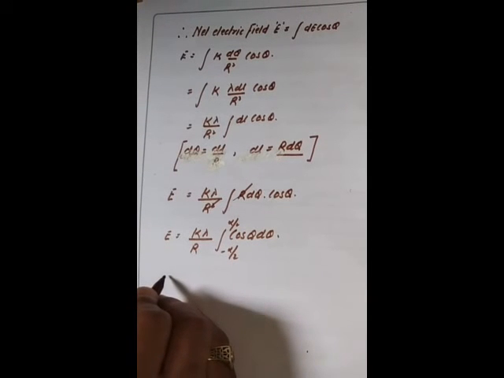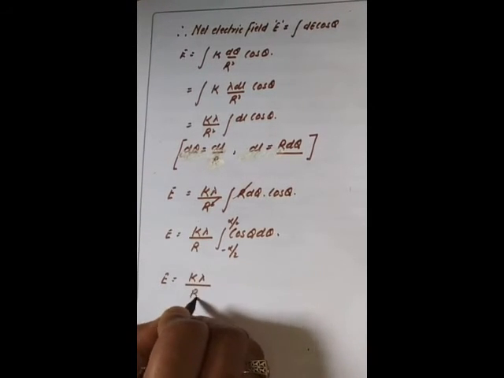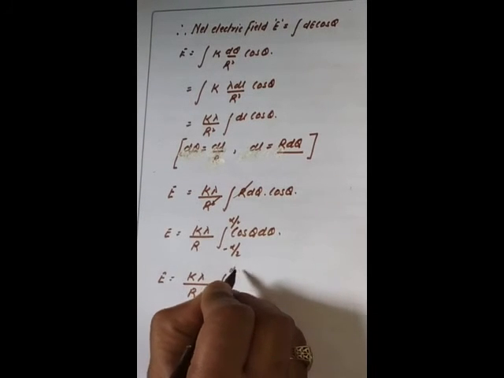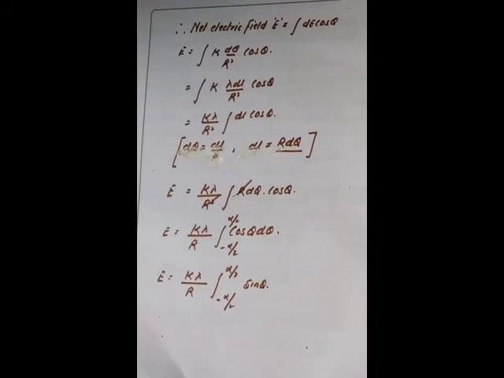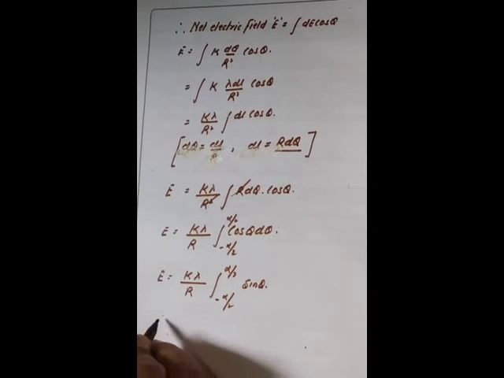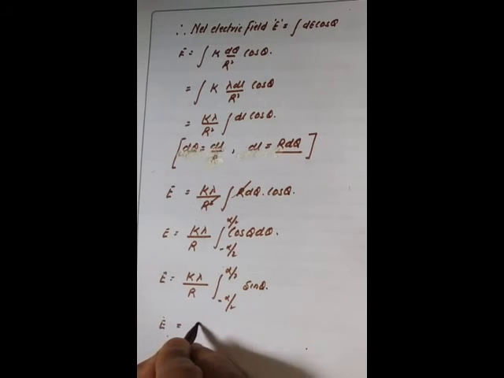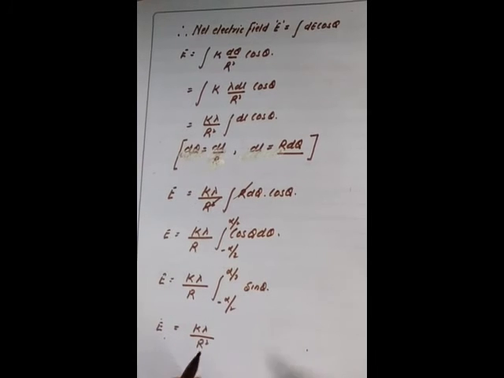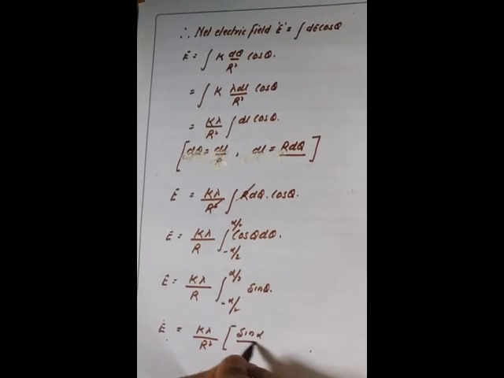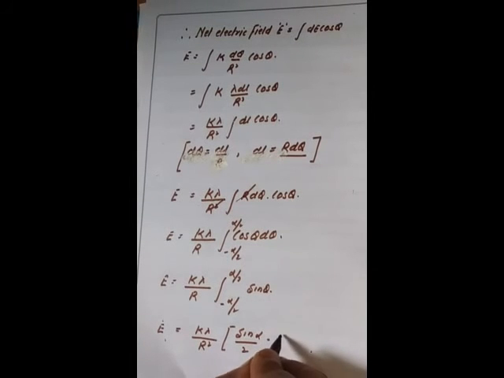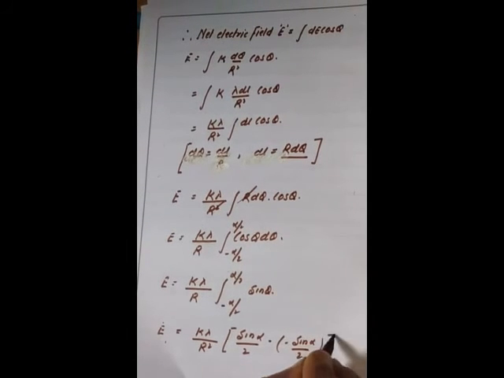So electric field E equals k lambda upon r, sin theta from negative alpha by 2 to alpha by 2, or we can write electric field E equals k lambda upon r, sin alpha by 2 subtracted by negative sin alpha by 2 closed.